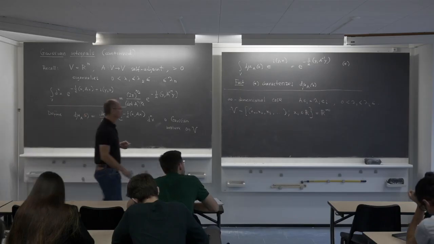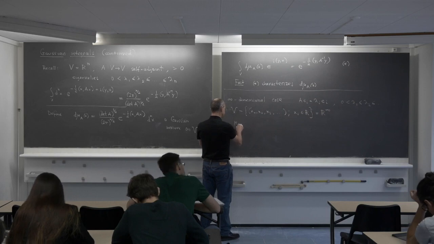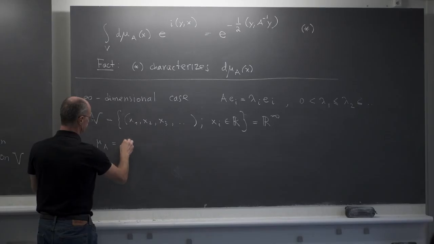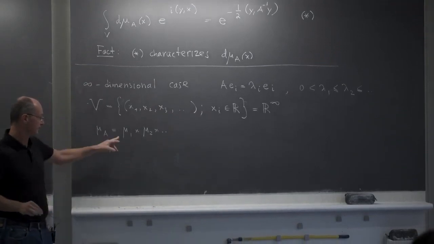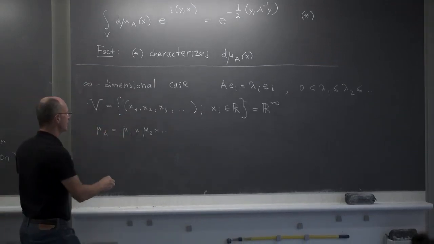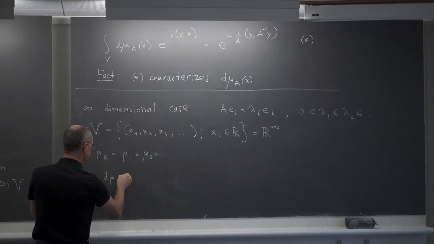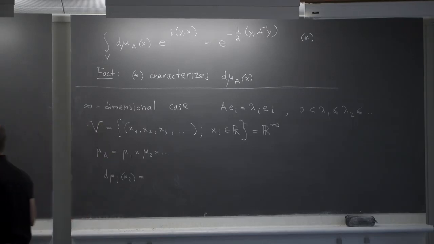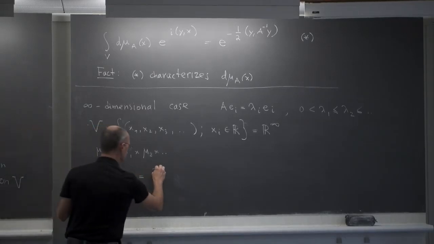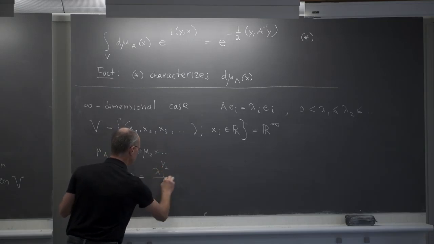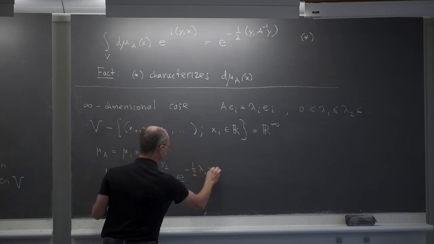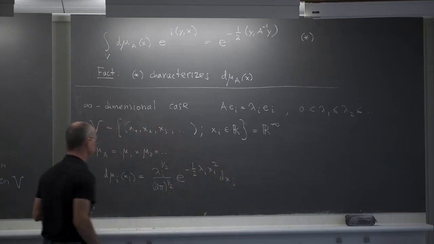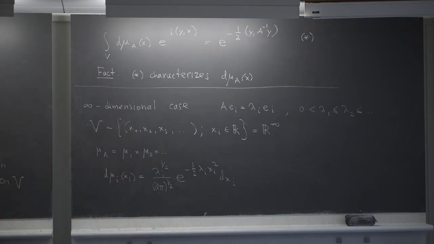And we're going to define the following measure. It's an infinite product of measures on each copy of R, where each of these measures will be the Gaussian measure exactly of the type that we described here.